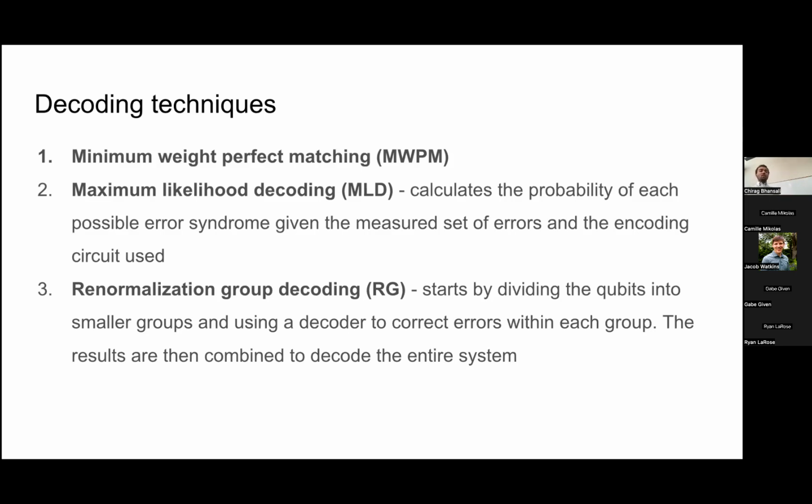In renormalization group decoding, it starts by dividing the qubits into smaller groups, and then you use a decoder to correct the errors in those small groups. Then you merge all those results to decode the entire system. If you have heard of divide and conquer, it sounds similar, not exactly the same thing, but you divide them into smaller groups, decode them, and then combine them on the system.